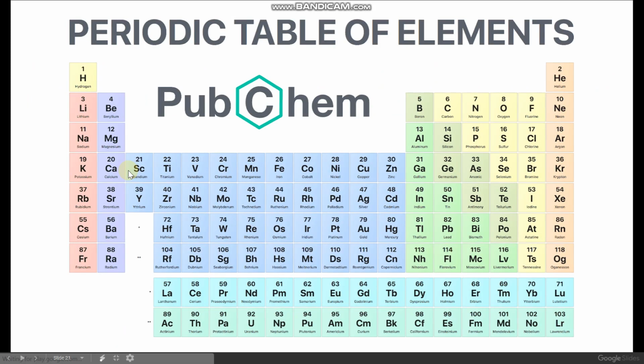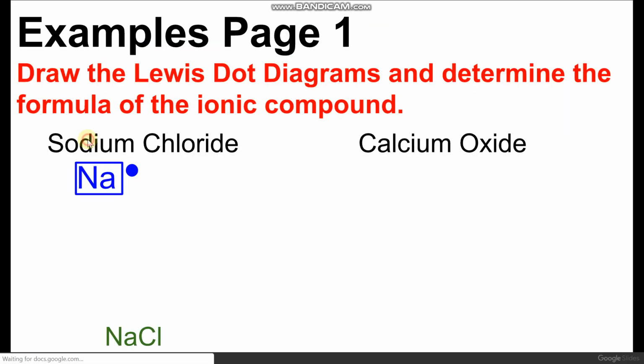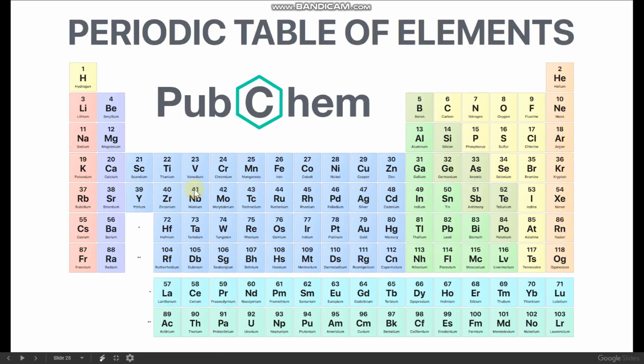Okay, so let's take a look at sodium on the periodic table. It's right here. You can see it's the first element in its row, and so for that reason, sodium is going to have one valence electron. Now let's take a look at chlorine. Again, we're going to put a box around it. Chlorine is right here.